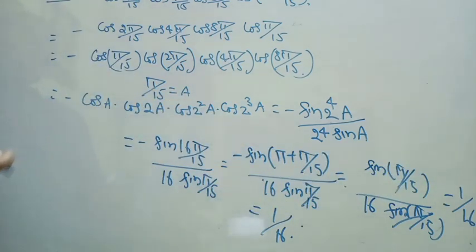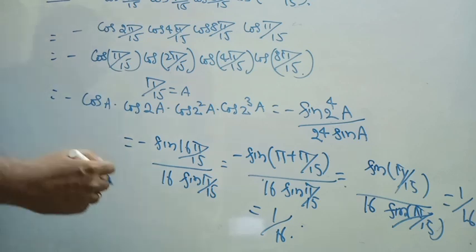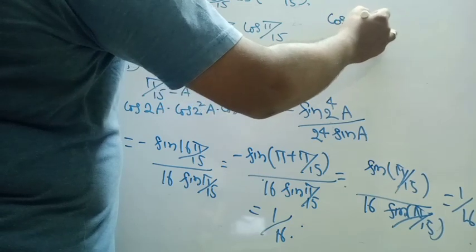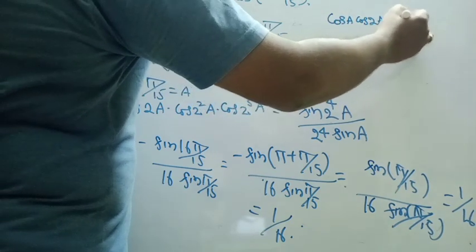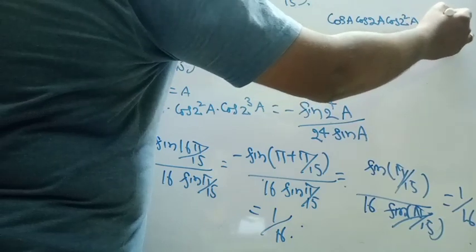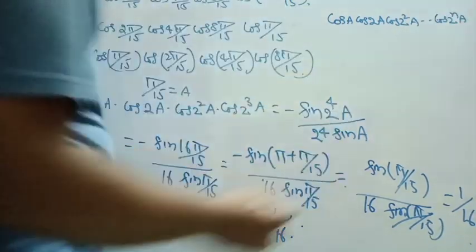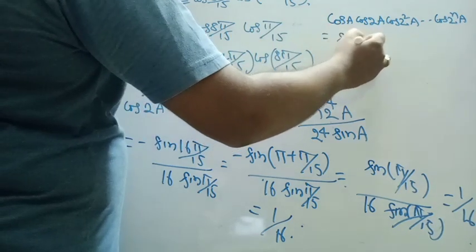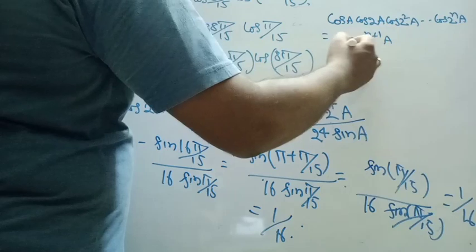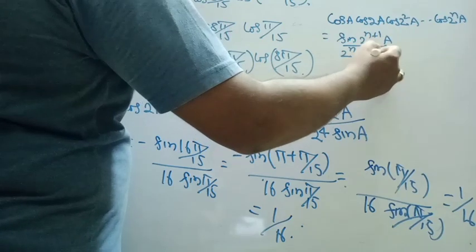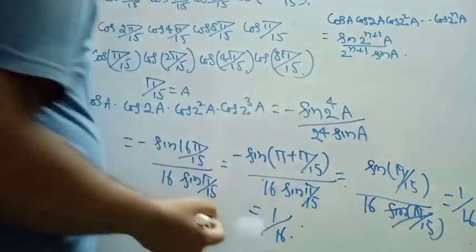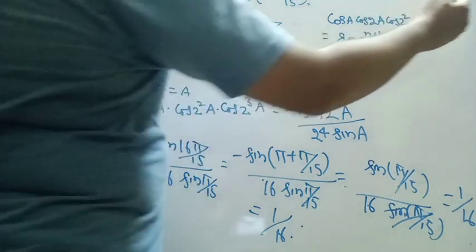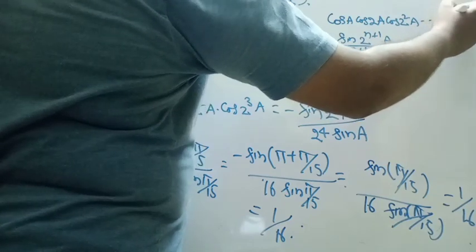Overall, the result we have used, my dear students, is that cos A into cos 2A into cos 2 square A, and so on up to cos 2 power n A, is equal to sin 2 power n plus 1 into A by 2 power n plus 1 into sin A. There are some students who are confused. Suppose instead of n, I take up to n minus 1.